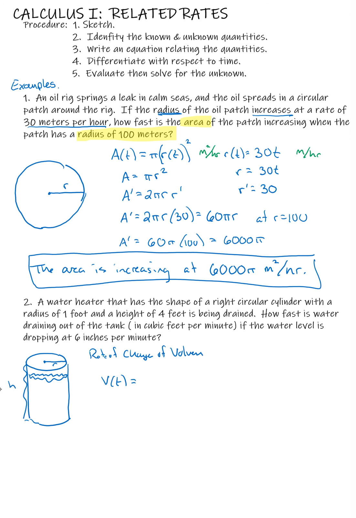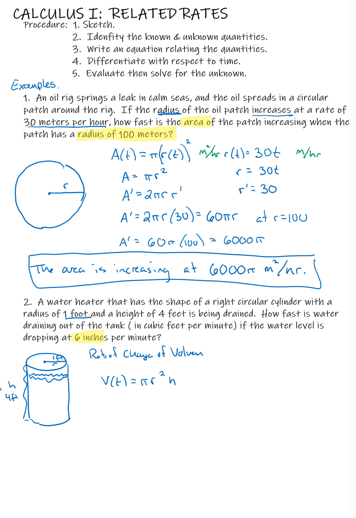We know that volume of a right circular cylinder is pi r squared h. Now I want you to notice that my radius never changes. We do know that the radius is 1, and initially the height is 4 feet, but this height is changing.